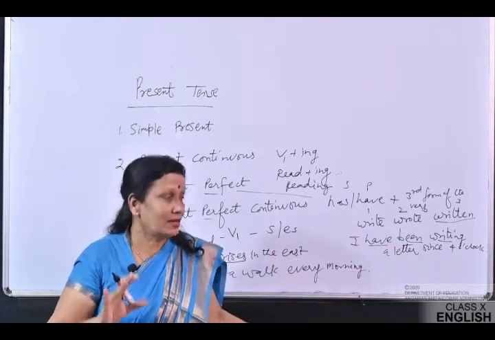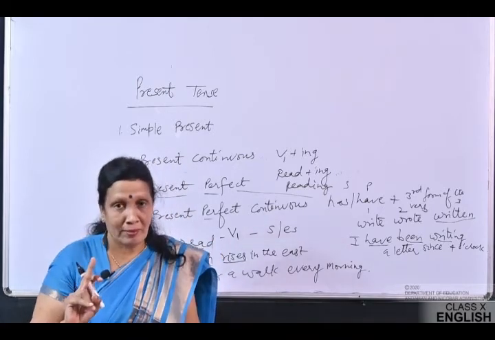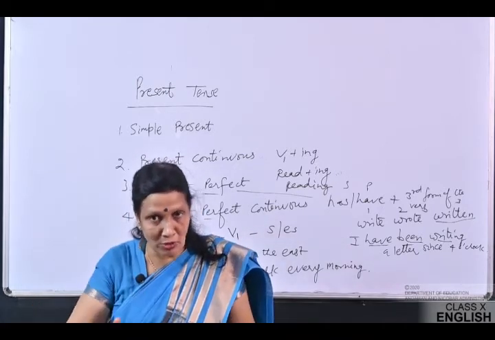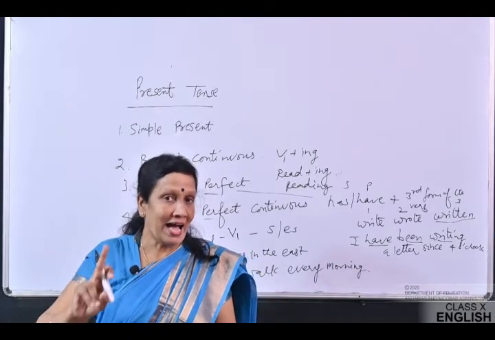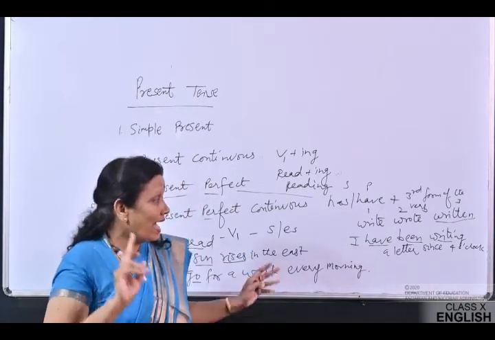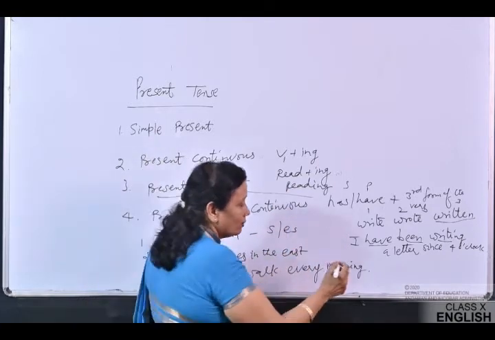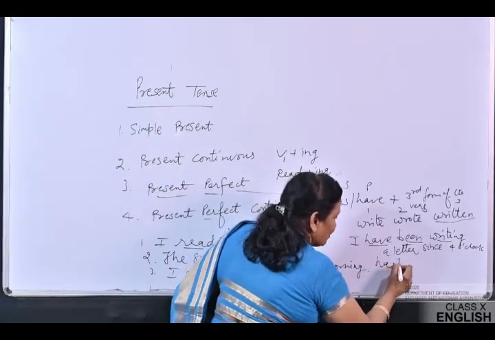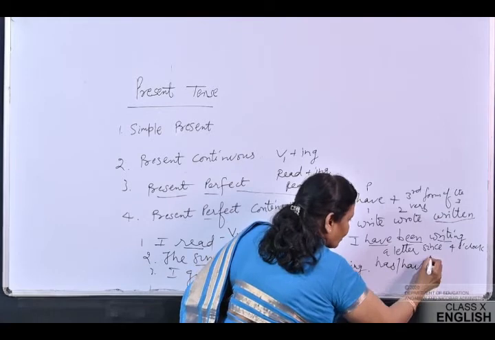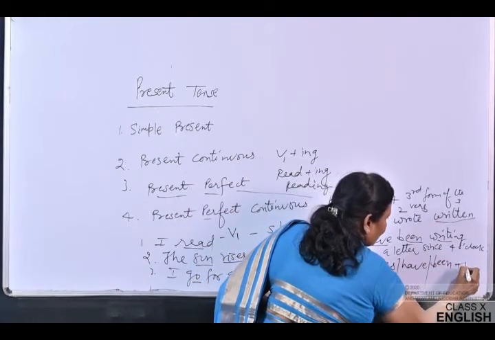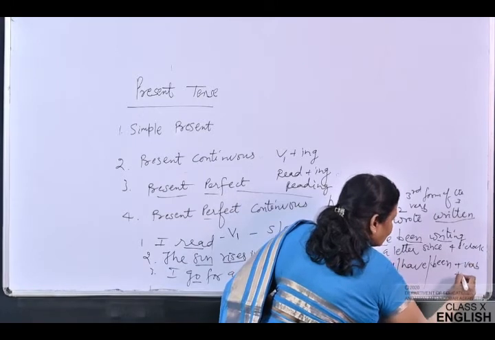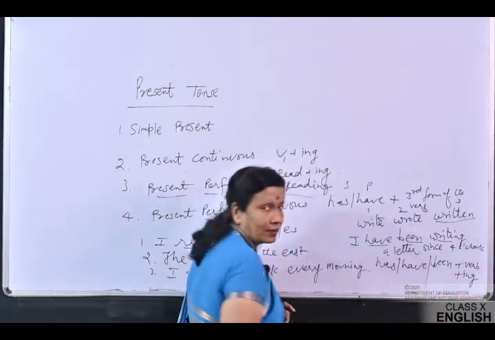It has been raining since morning. That means it started raining and now also it has not stopped. It is raining. So, has or have plus been plus ing. Please remember this for the present perfect continuous.